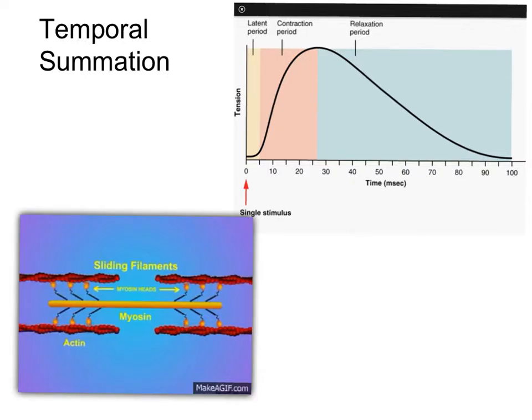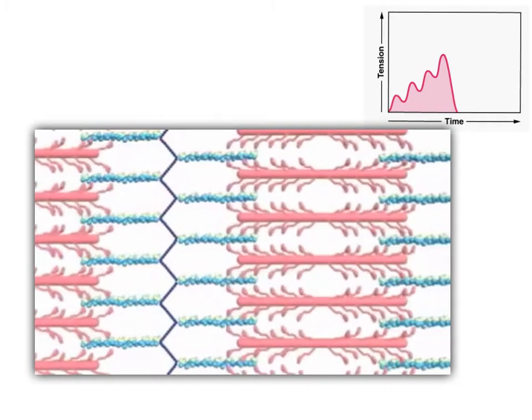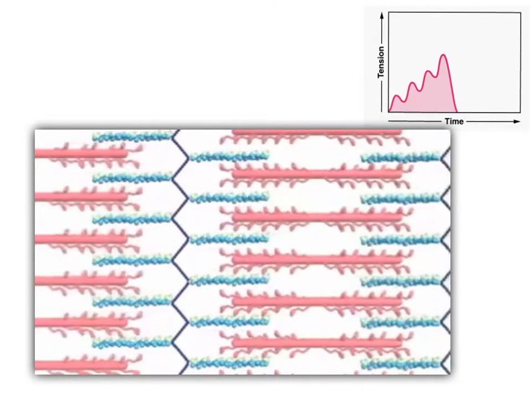This will continue. As long as calcium is present, the myosin pulls the actin closer and closer to the M line. So normally the muscle contracts and then relaxes as calcium is brought back in.